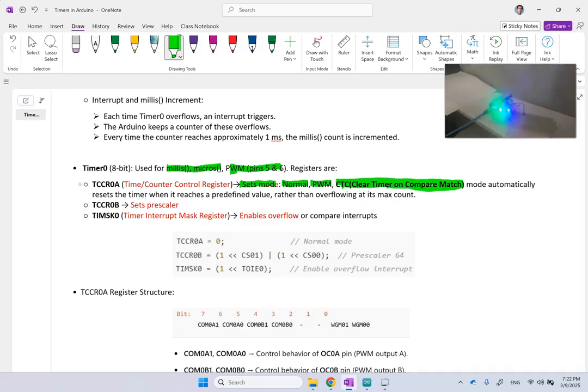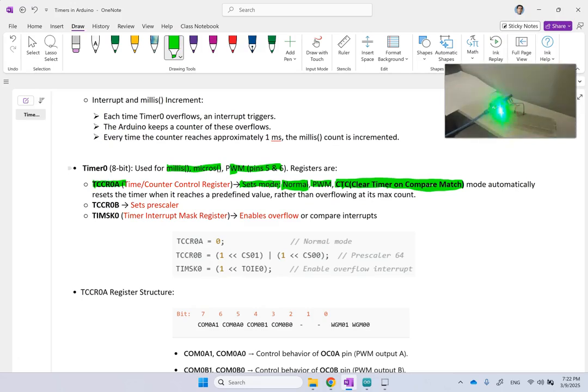I'll explain. But there are 3 modes that you can run your timer 0 in. Most of the time we use it in the normal mode, but you can use it in other modes too. And again, I'll tell you what CTC is. But the first thing is you can define TCCR0A to determine the mode.